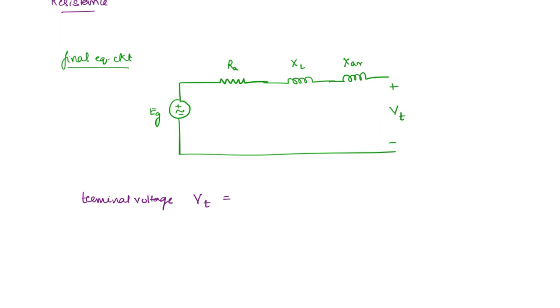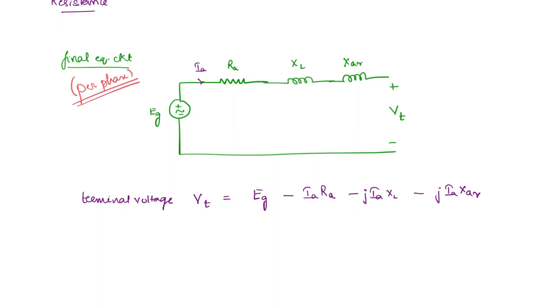Vt will be equal to Eg, which is the actual generated voltage if there is only the main field flux and no other parameters like the resistance, leakage flux or the armature reaction, minus the armature current IA into RA, minus the drop across the leakage flux, IA into J times XL, minus IA into J times XAR.